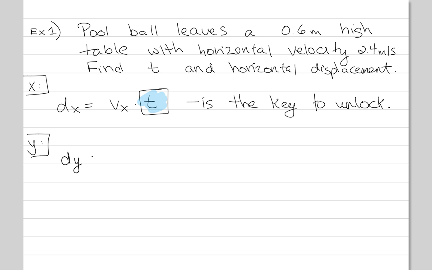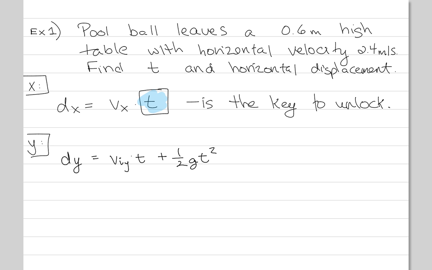So what's our formula in y? dy equals what? Go back in the notes. It's also on your formula sheets, right from the kinematics first part. And you do enough questions, you start to memorize these. VIY times t plus 1/2 gt squared.